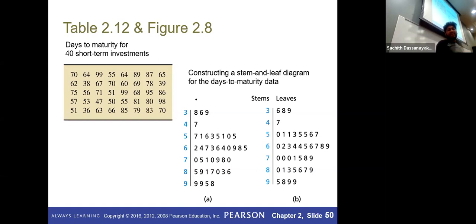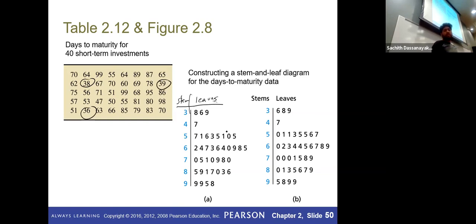This part, the left hand side, is your stems. This is leaves. So first, the 30s. How many do we have? I think 3: 38, 36, and 39.